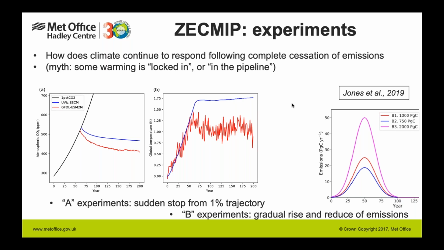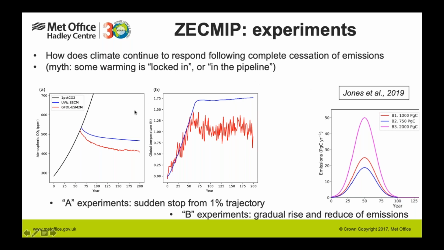There's a fair amount of literature going back to work by Ken Caldeira, Damon Matthews, and others, suggesting that if you stop emitting, the trade-off between continued ocean heat uptake and removal of CO2 from the atmosphere means that the climate response will be approximately stable, so you might not get any subsequent temperature change.